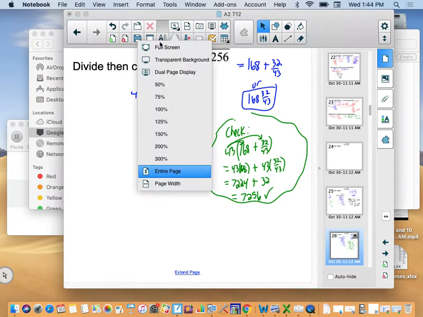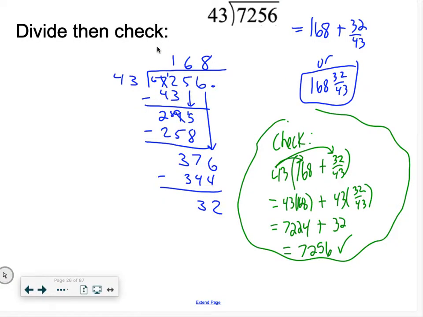Right, so yesterday we worked on reviewing long division, which is a skill that really ties closely with dividing polynomials. We can do these same steps.